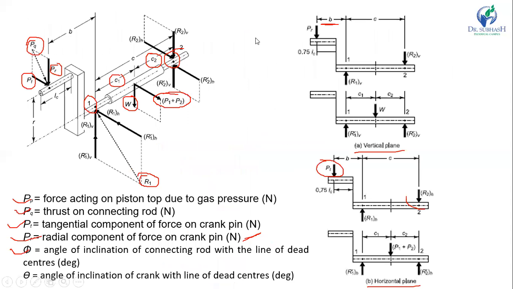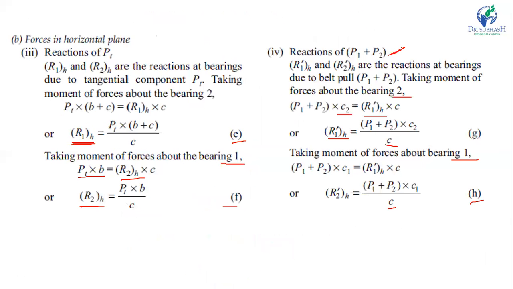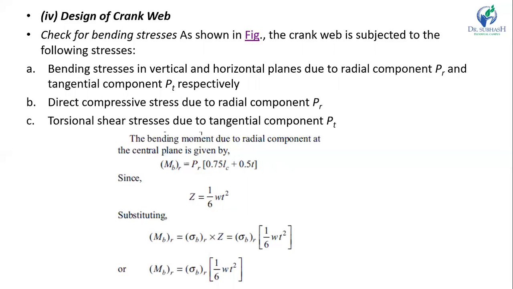As shown in the figure here, the crank web has thickness T and width W. The assumptions are: bending stress in vertical and horizontal planes due to the radial component PR and tangential component PT respectively, and direct compressive stress due to radial component PR and torsional shear stress due to tangential component PT.